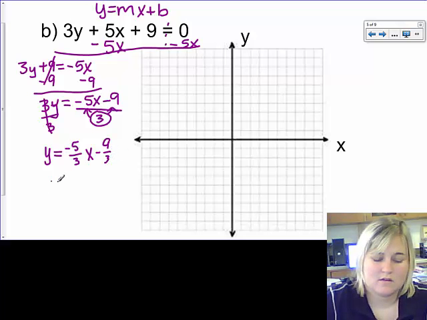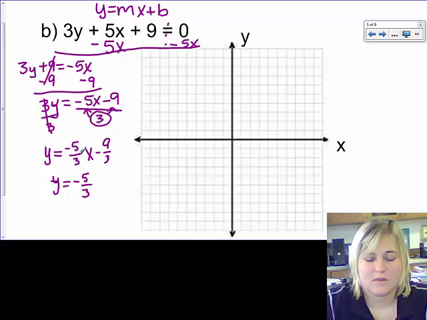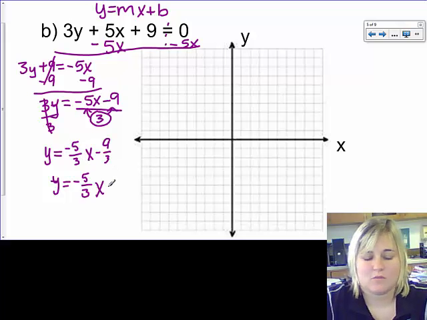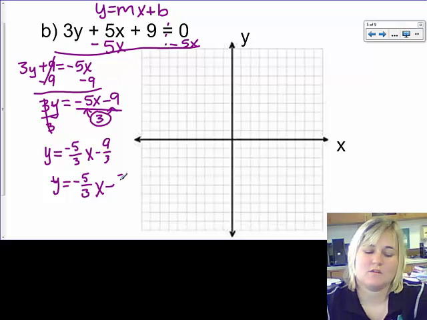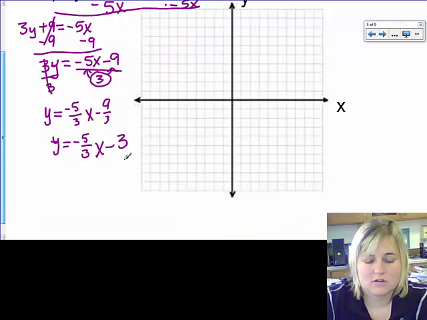So when I simplify, I have y equals negative 5 over 3x, because this will not reduce, minus, and then 9 over 3 reduces to just 3.